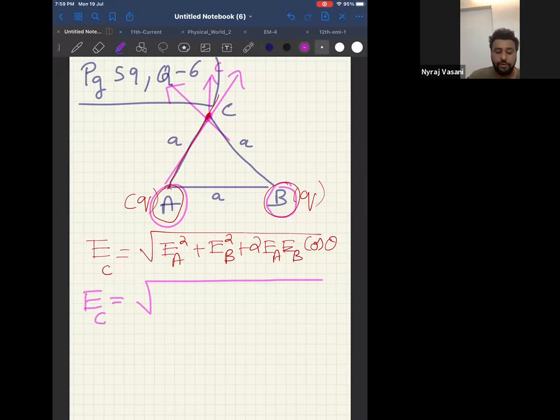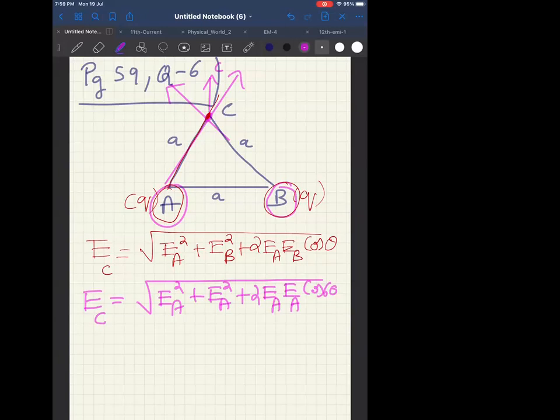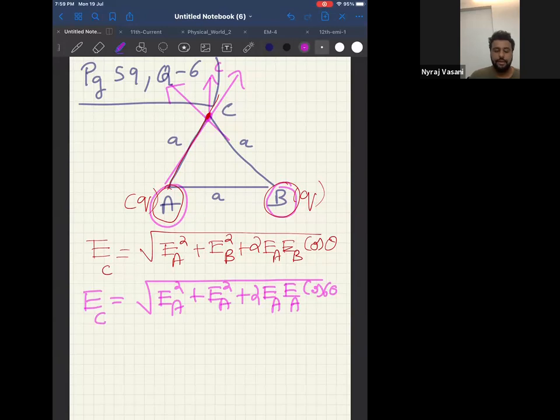If I do that, tell me what will be the result. It will become EA square plus EA square plus 2 EA into EA into cos 60. Why did I write 60? Because it's an equilateral triangle.